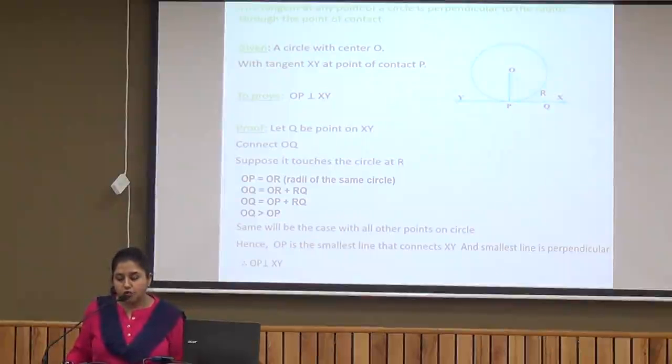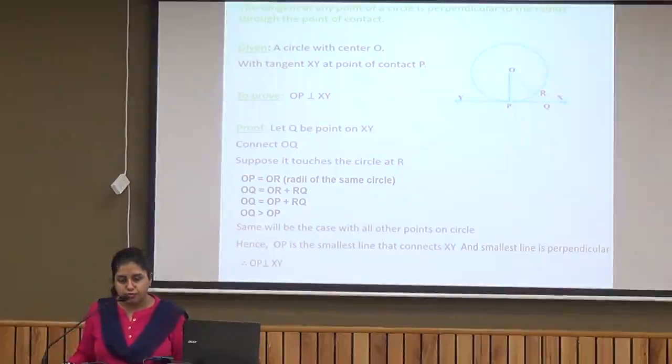Similarly OP will be smaller than any other line segment joining the center of the circle to a point lying outside the circle. So OP is the smallest line, and the smallest line is always perpendicular. Therefore we can conclude that OP is perpendicular to XY.